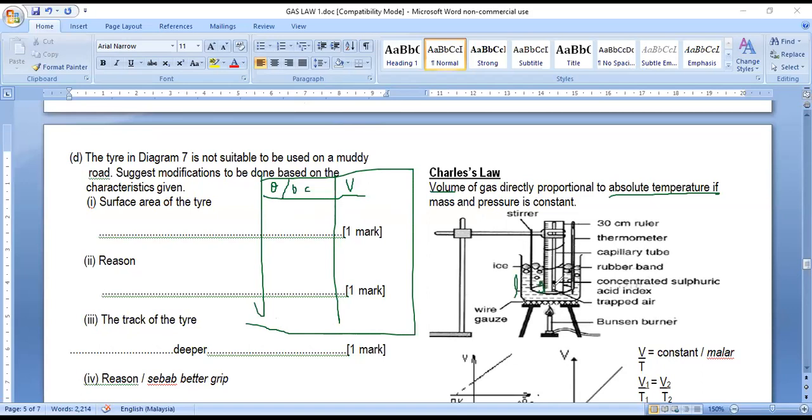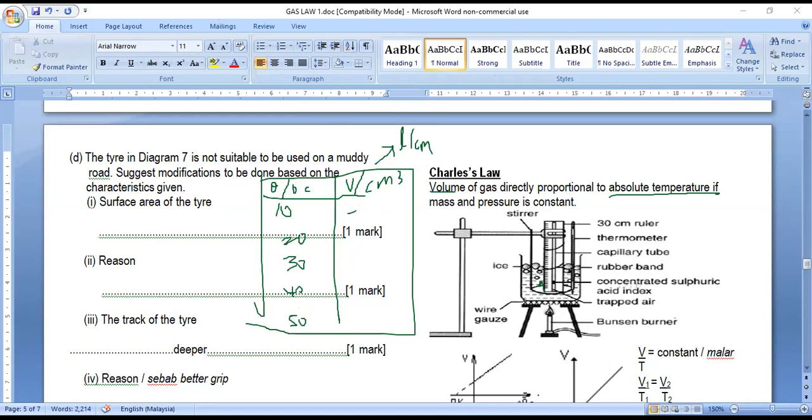If you don't want to write volume, you can put length also, it's up to you. So you just measure the length to represent the volume. That means when the temperature is 10, 20, 30, 40 and 50, you record the volume. So at different temperatures, record the volume.